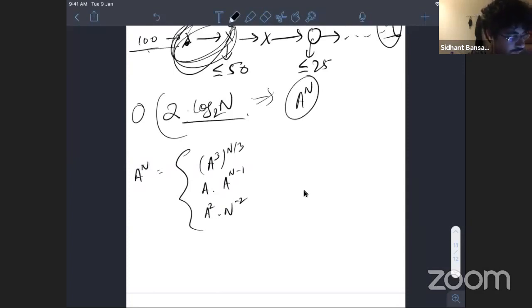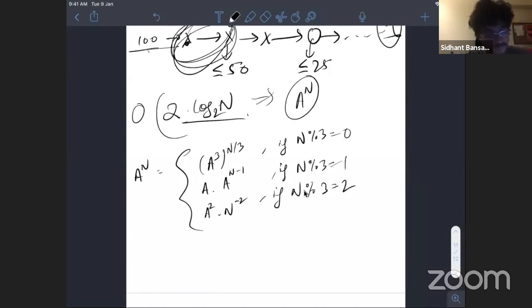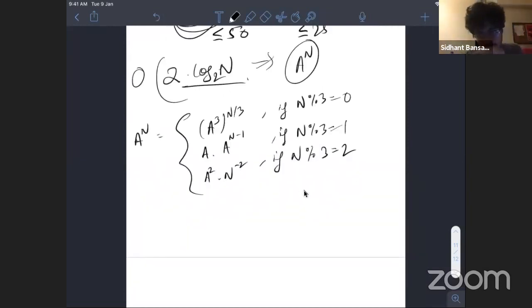Okay. Instead of 2, if you want to write, you can write like this. If n mod 3 is 0, if n mod 3 is 1, if n mod 3 is 2. Devansh, you gave 4 as an example, I just gave you 3.